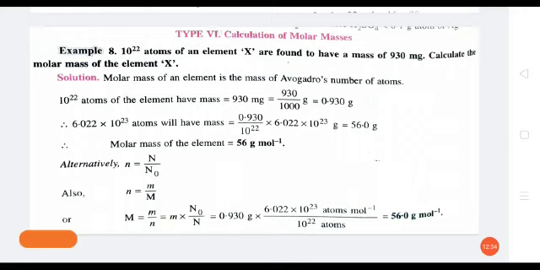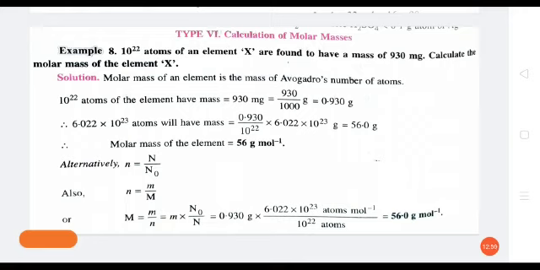Okay, so by solving it we will get 0.930 gram, which is mass, into 6.022 into 10 to the power 23 upon 10 to the power 22, and on solving we'll get 56.0 gram per mole.